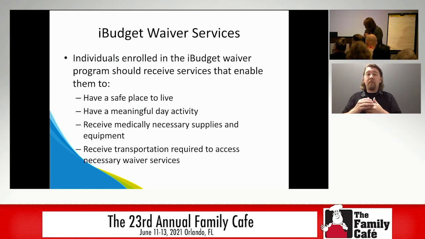Also to receive medically necessary medical and dental services, receive medically necessary supplies and equipment, whether it's consumable medical supplies and things of that nature, and receive transportation required to access waiver services.